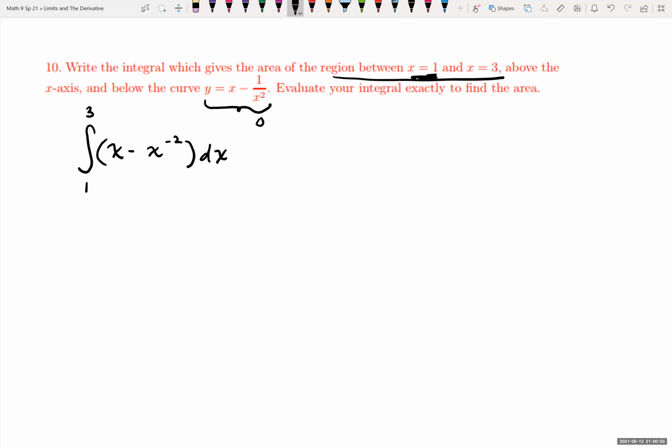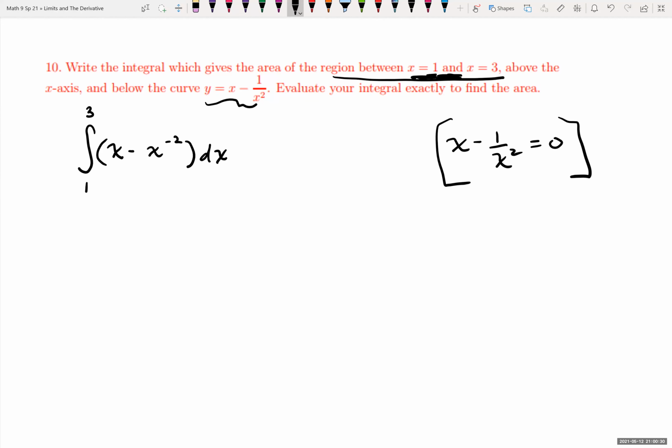Okay, so that touches the x-axis, that's okay. It's not below. And if I plug in any number between 1 and 3, I believe that's a positive number, but let's just make sure. So let's find out if x minus 1 over x squared ever equals 0, to see if it crosses the x-axis in between there.